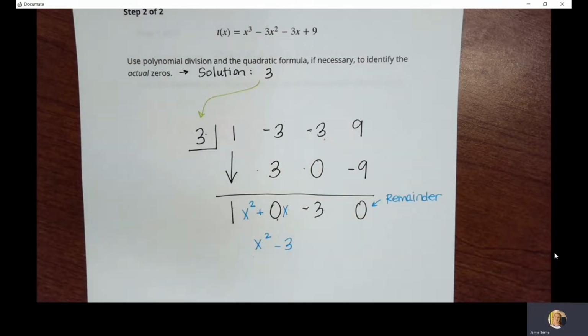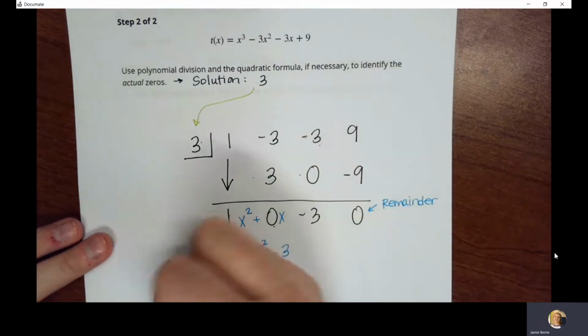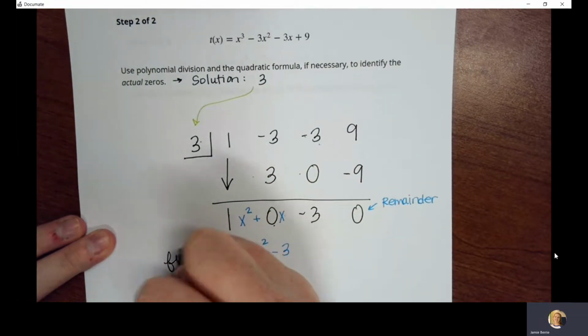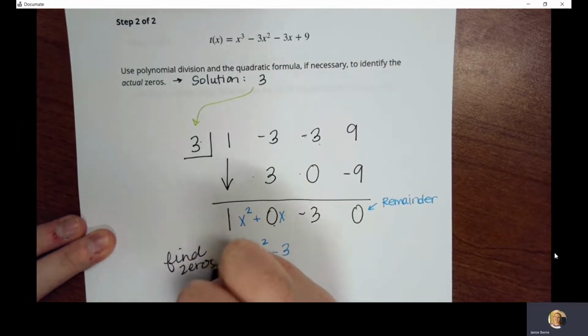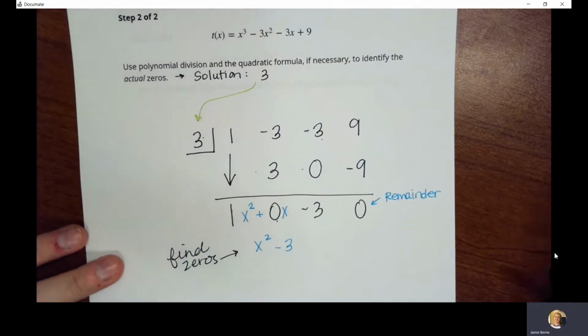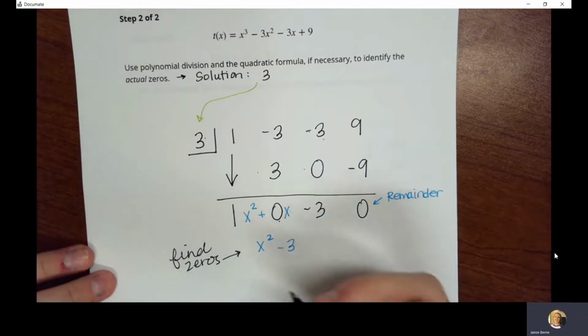Now that quotient is gonna help us out because that's something that we can easily find the zeros of. All right, so we're gonna take that quotient there and find the zeros. So find the zeros. All right, so set that equal to 0.